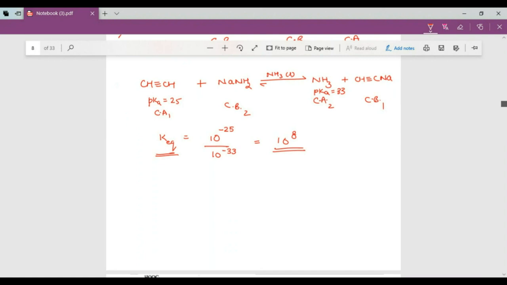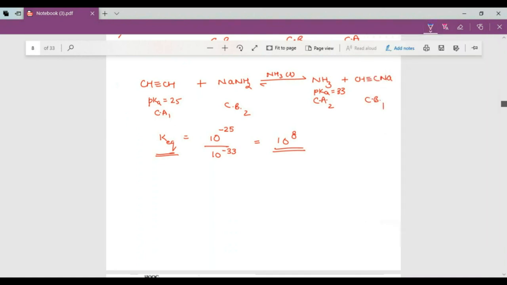You need to write a chemical equilibrium reaction given the conjugate acid-base pairs. Then you have to compare conjugate acid 1 versus 2, or conjugate base 1 versus 2.